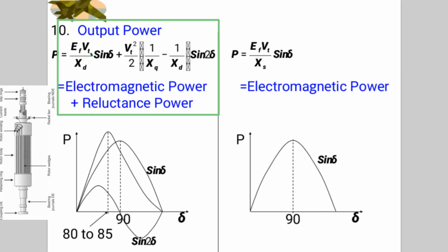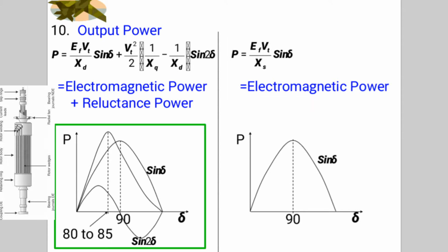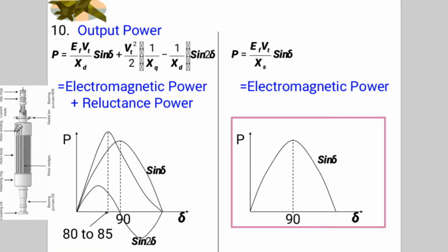Output power is the sum of electromagnetic power and reluctance power, while in cylindrical only electromagnetic power. Here the power angle delta is from 80 to 85 degrees. Here it is nearer to 88 to 89.